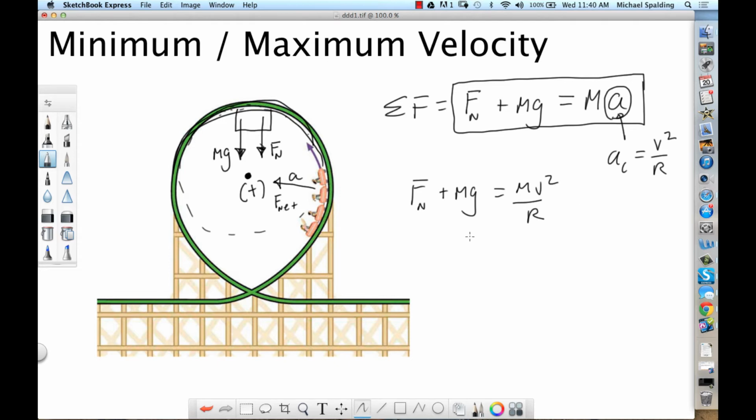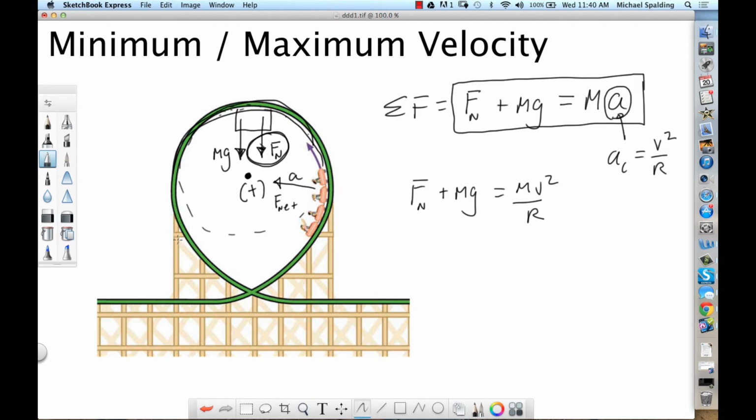Now, say we send the car through this loop 10 times. Every time we send it through, we send it slower and slower and slower. What will happen to this normal force as the velocity gets smaller? Does the track have to push harder, or does the track push softer?